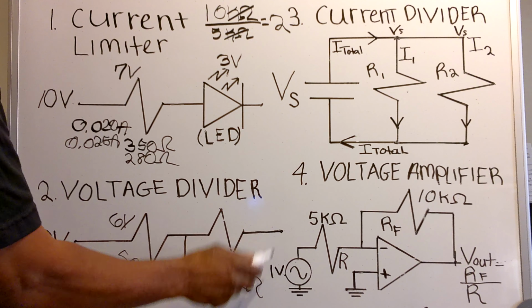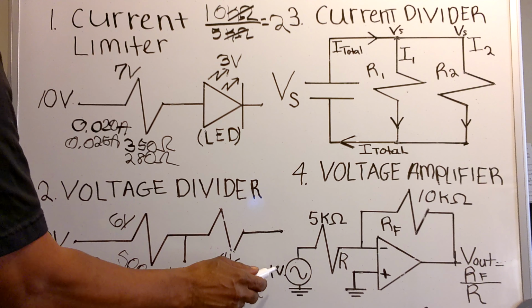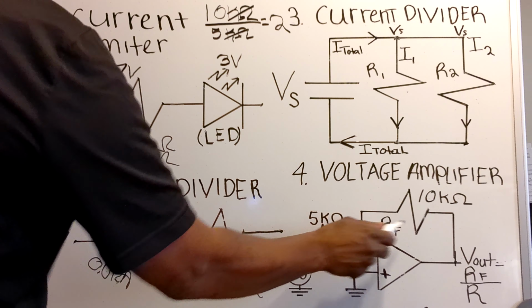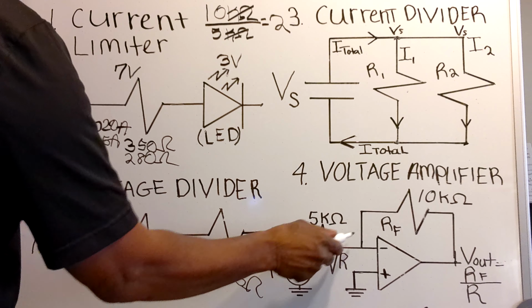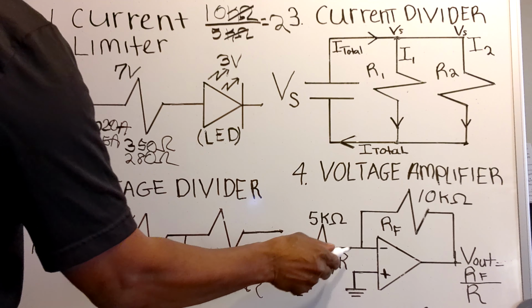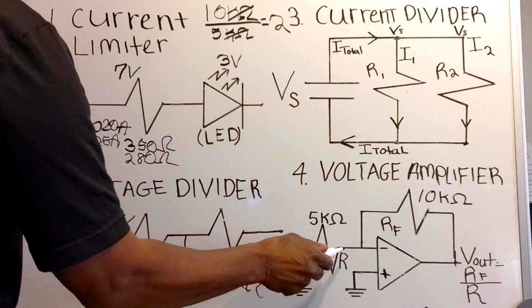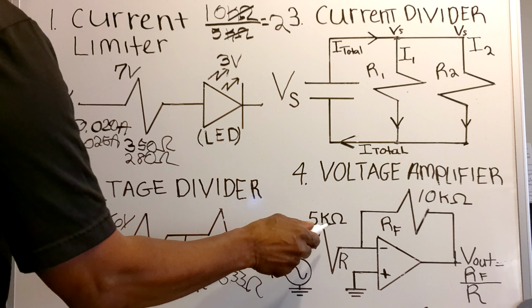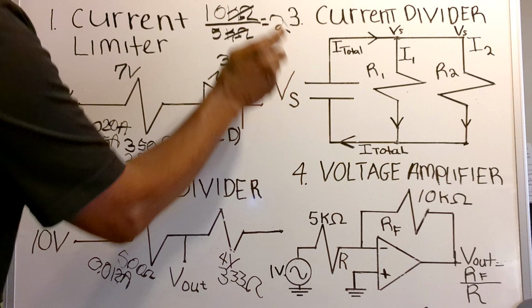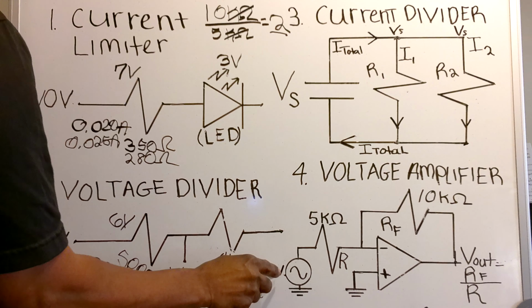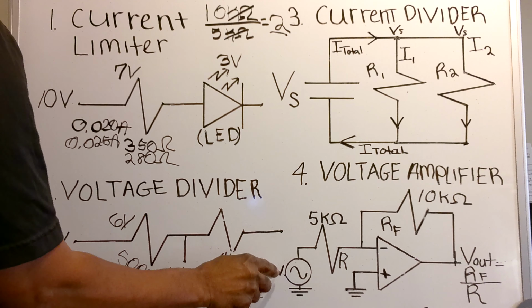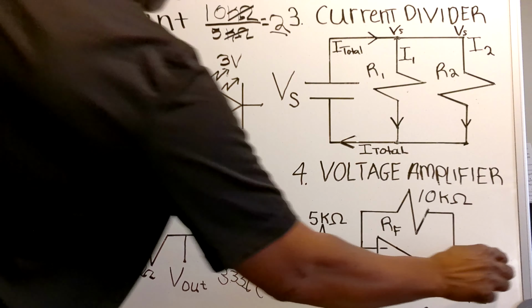That means an input voltage of 1 volt with a feedback resistor of 10K ohm and a resistor at the inverting input of 5K ohms, that would mean that I have a factor of 2, and I take that 2 right here and multiply it by the input voltage of 1 volt, which means that I've got an output voltage of 2 volts.